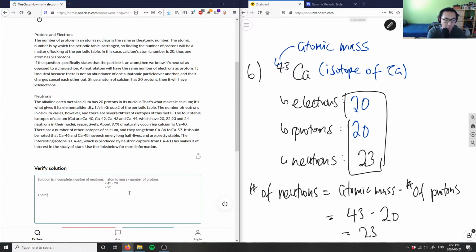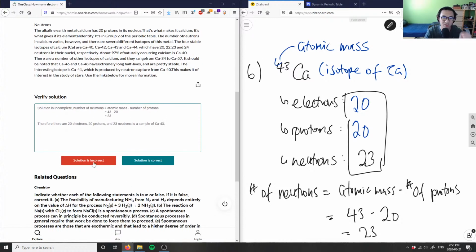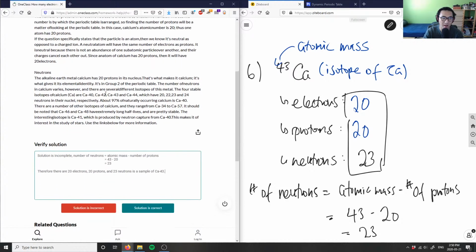So we say therefore there are 20 electrons, 20 protons, and 23 neutrons in a sample of Ca43. So the solution is incorrect because they didn't actually give me the number of neutrons. I had an incomplete solution here, so that's okay.